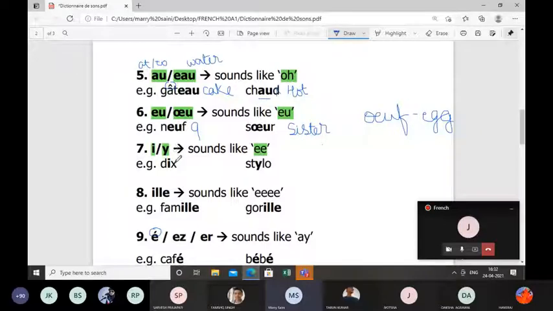After neuf, it will be dix, 10. Dix means 10. And then here you have "stylo". Even if you are having Y here, the sound that you need to give is "ee". Stylo means pen.